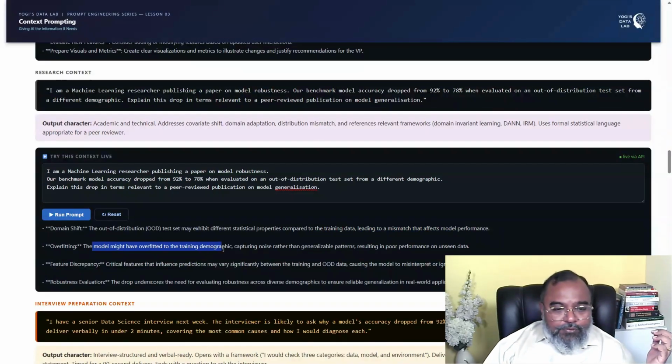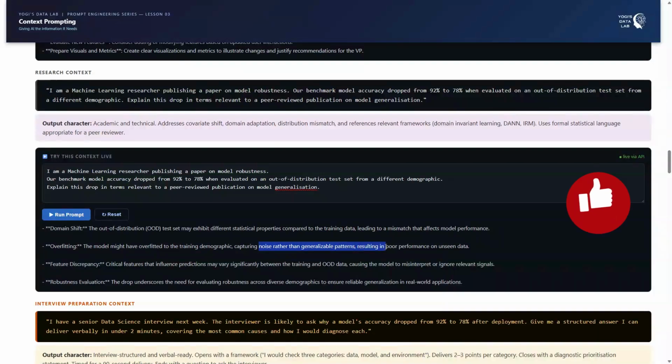The model might have overfitted on the training demographic, capturing noise rather than generalizable patterns, resulting in poor performance on unseen data. Then you can have feature discrepancy, where critical features that influence predictions may vary significantly between the training and OOD data, causing the model to misinterpret or ignore relevant signals.